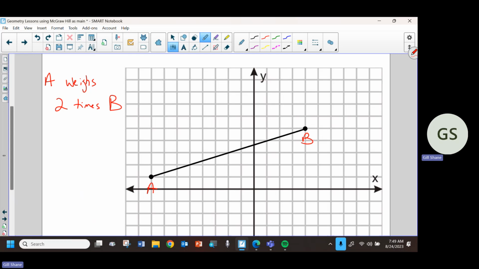First of all, that's the easier way anyway, so I would always use that. But if they're giving you the weights, I would do it the way I'm about to show you.